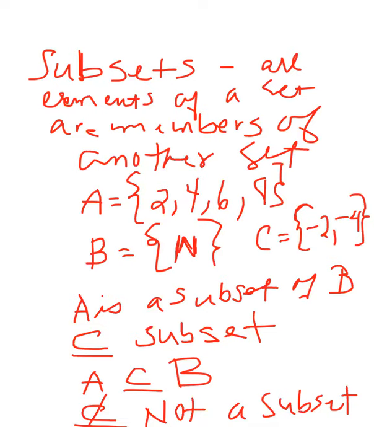No, set C wouldn't be a subset of set B. So how do I express that? I would say C is not, with the strike through, a subset of B. Because, guys, obviously, when we talk about natural numbers, they're all positive, but set C has negative numbers in there. So there's no way set C can be a subset of set B. No way. So those are most of the symbols we needed to talk about, guys.